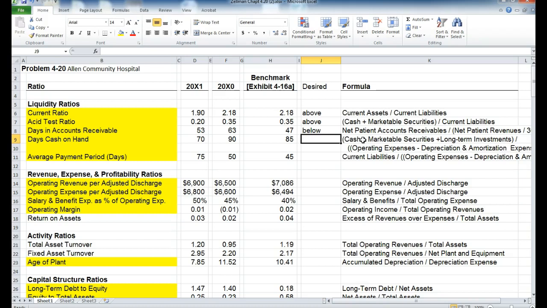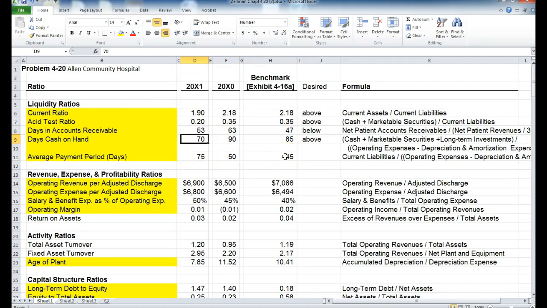Obviously you'd want more. And so here you want to be above the benchmark. Our benchmark is 85 days, and in year 2000 they were at 90 days, above the benchmark. Looks good. But then in year 2001 they went down to 70 days, which is below the benchmark, and so we have more concern here based on the days cash on hand.